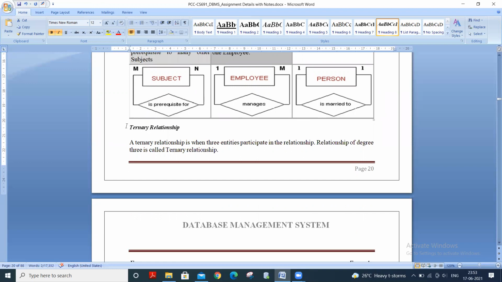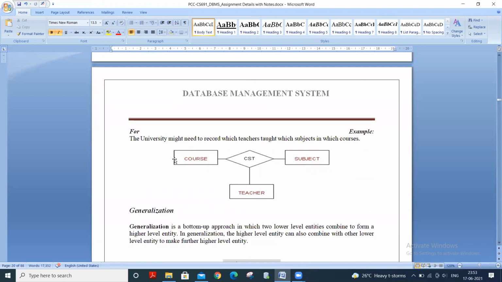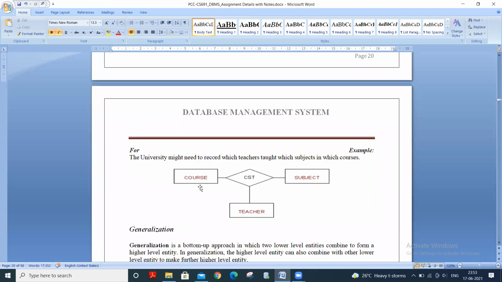Now next one is ternary relationship. A ternary relationship is when three entities participate in this relationship. Relationship of degree 3 is called ternary relationship. Suppose here course, subject, teacher. The university might need to record which teachers taught which subjects in which courses.